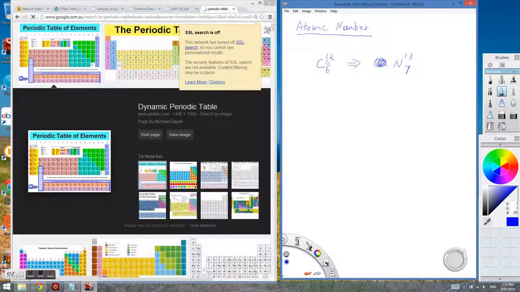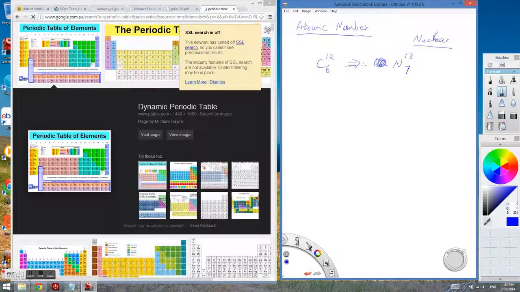So the idea is, if you are able to add or subtract a proton from an atom, the atom is no longer the original atom. Its properties change: carbon changes to nitrogen, or something else. This is called a nuclear change, for your information.